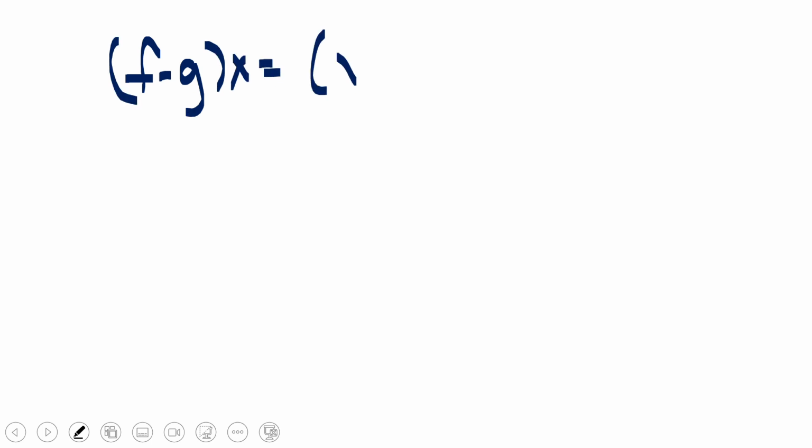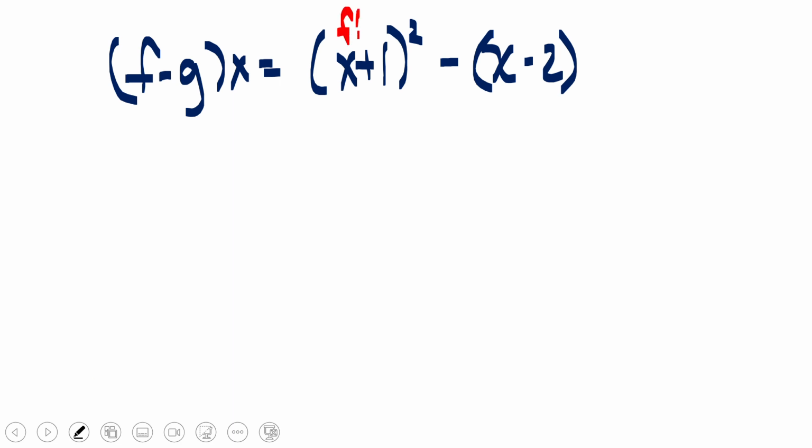Alright, if we are asked to subtract them, and we say we still are working with the f of x, g of x that was given above, we're going to have f minus g of x, which is equal to x plus 1 all squared, minus x minus 2. So remember, this was f of x, and we're subtracting g of x.